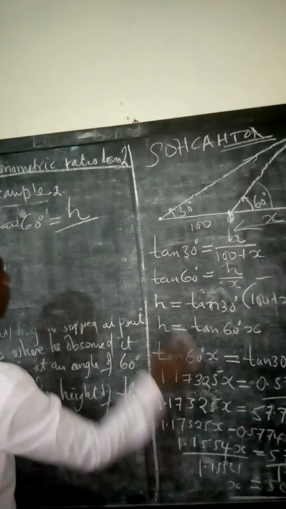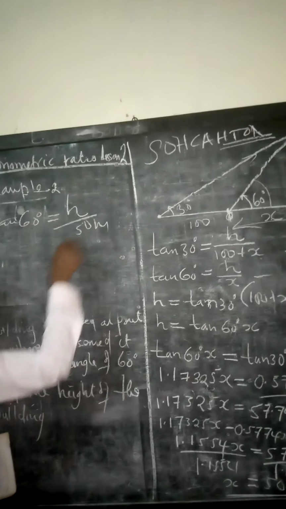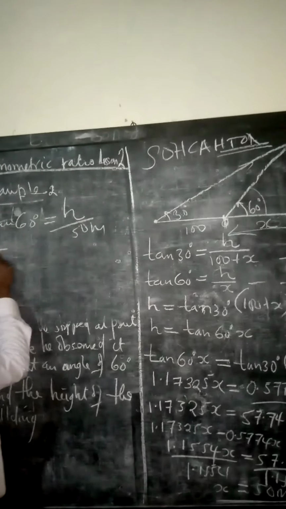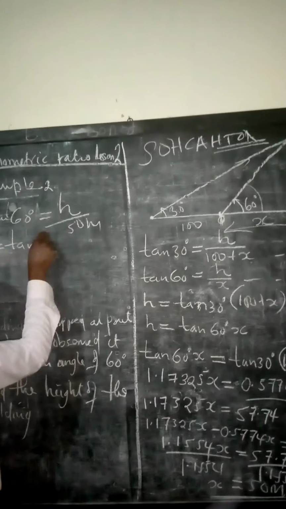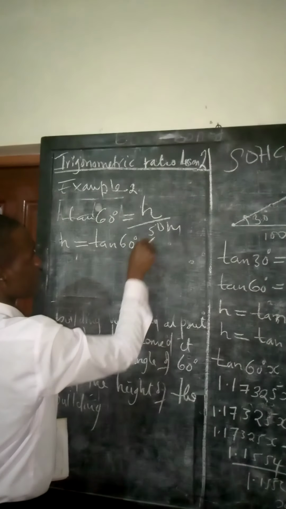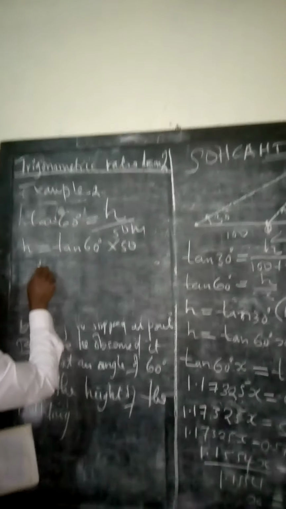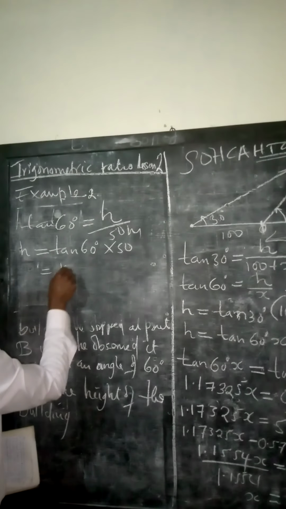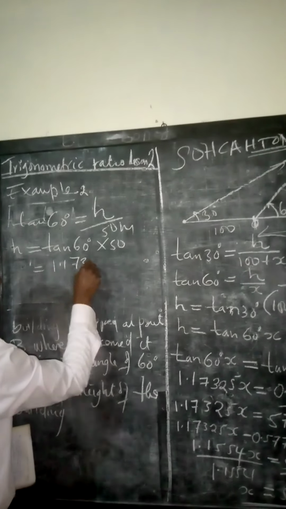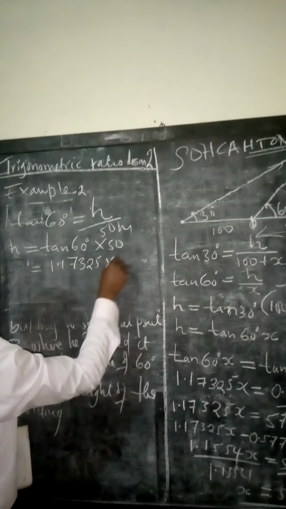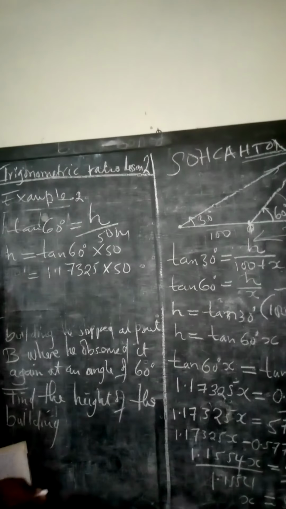In our case, x is 50 meters. Therefore, our h will be equal to tan 60 degrees multiplied by 50. Our tan 60 is equal to 1.17325 multiplied by 50.